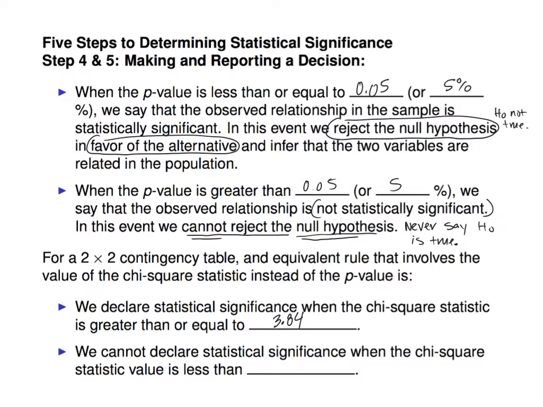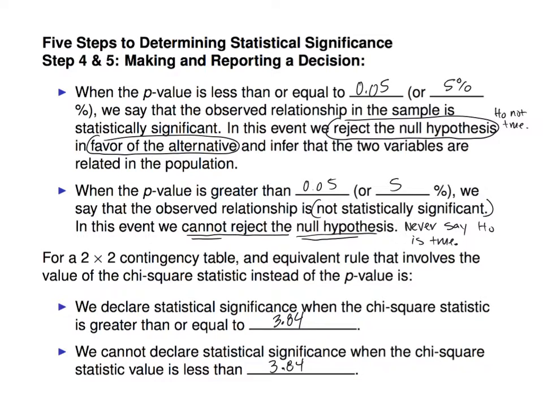That's what is big in this specific situation. Is there a max chi-square? It depends on the situation. So just for now, that's the cutoff threshold, and we cannot declare statistical significance when the chi-square is less than 3.84.